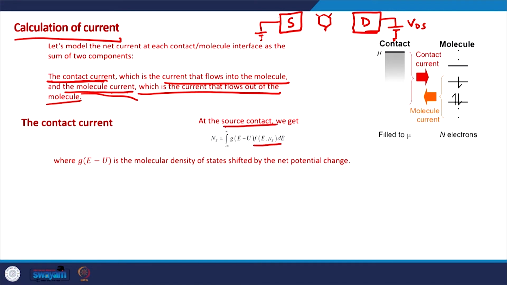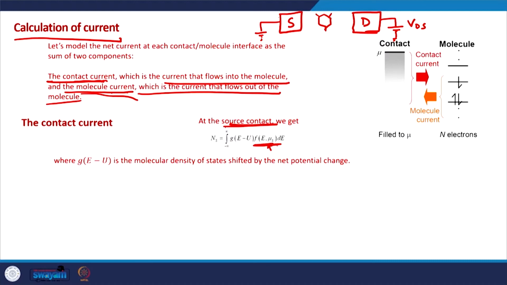So the source contact current, which is the current that flows into the molecule from the source, will depend on the number of electrons going from the source to the molecule. What the source tries to do is fill the quantum dot up to the source Fermi level, or in other words, the source tries to fill the states in the quantum dot according to the Fermi function of the source.